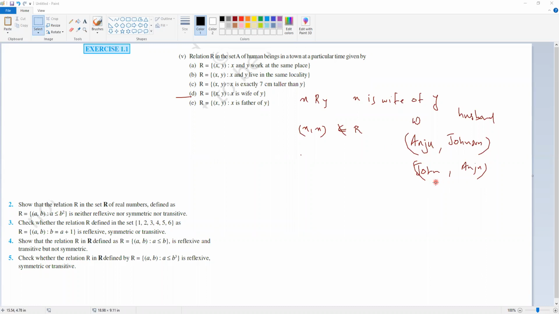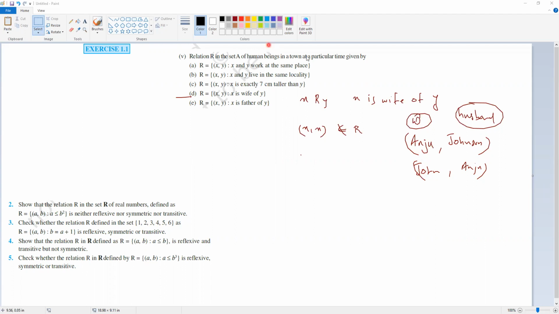It will not come, right? So x is related to y, but y is not related to x. First one is wife, second one is husband. So Anju is wife of Johnson, but Johnson comma Anju नहीं आएगा क्योंकि Johnson is not wife of Anju. Johnson is husband of Anju. So y comma x उसमें से नहीं आएगा. So it is not symmetric.